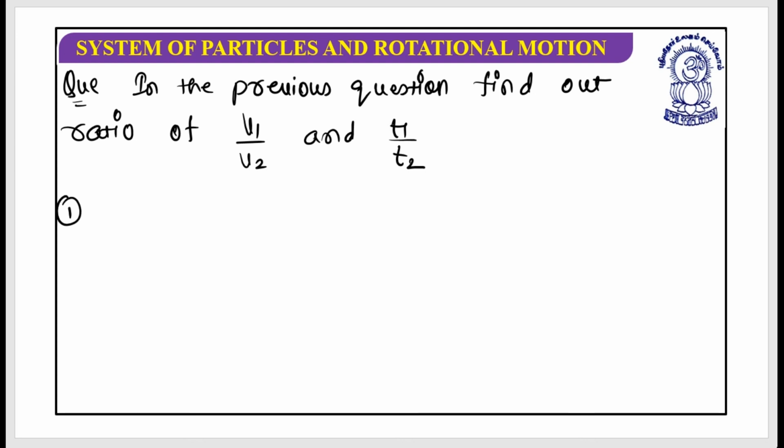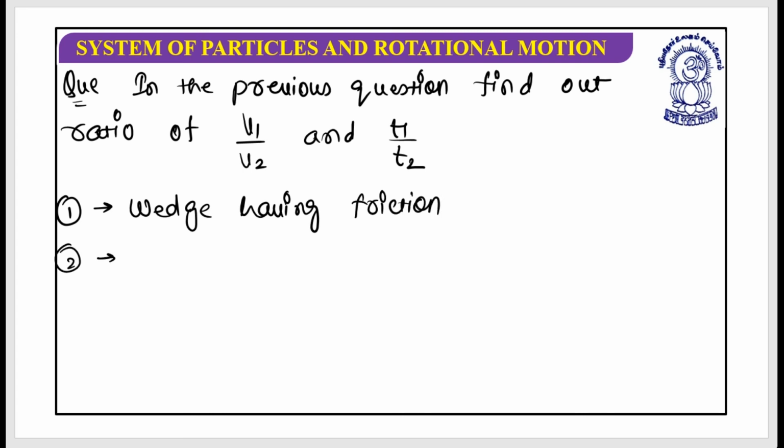The first is the case having a wedge with friction, and the second is the case of the wedge without friction.